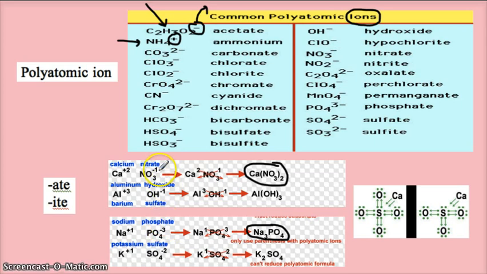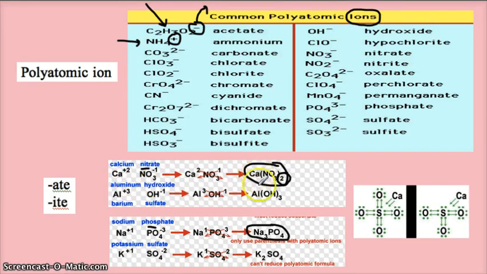Now keep in mind, these are ions here. These are polyatomic ions because the P and the O have already matched together. The N and the O have already matched together. But here you have parentheses, here you don't. The reason is because of this subscript 2. The NO3 is a negative 1, and the Ca is positive 2, so you need 2 NO3s.